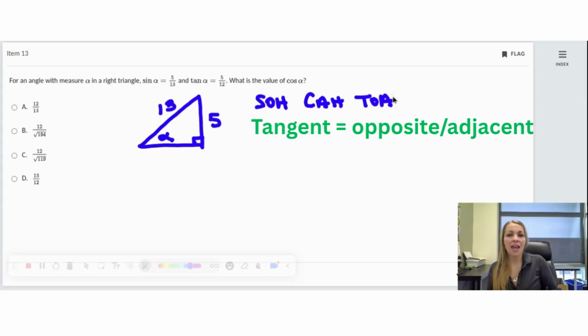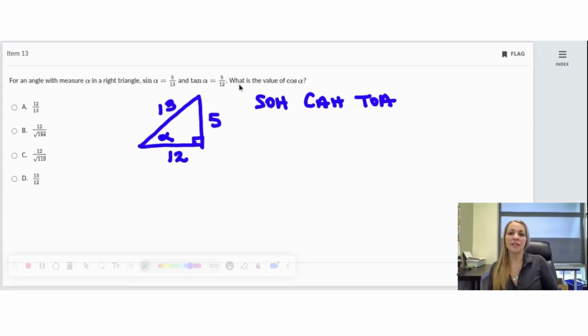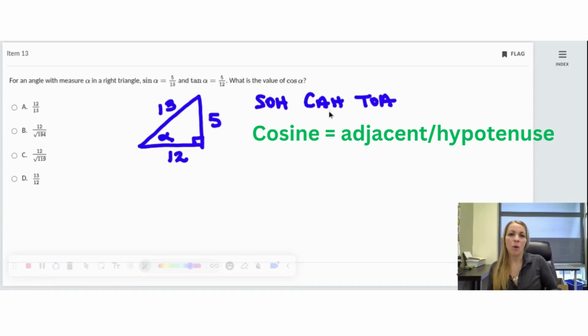And the adjacent side to alpha is 12. The problem is asking what the value of cosine of alpha is. Well, that's the adjacent over the hypotenuse. So the adjacent side is 12 and the hypotenuse is 13, so that is option A.